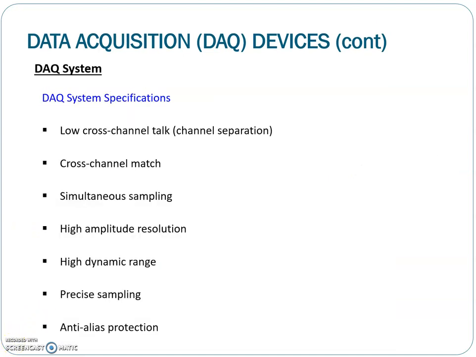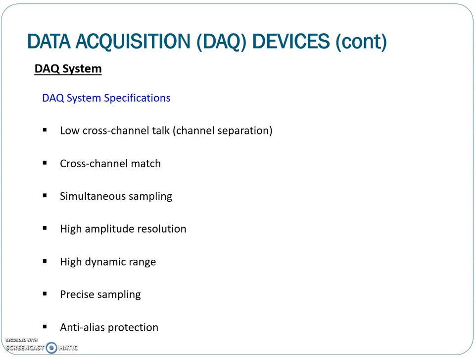In the selection of the DAQ system, usually we look into several important specifications. In vibration measurements, IEPE accelerometers are commonly used. The DAQ must be able to supply or generate small currents to power up the accelerometers. The DAQ should also allow for switching between AC and DC coupling.